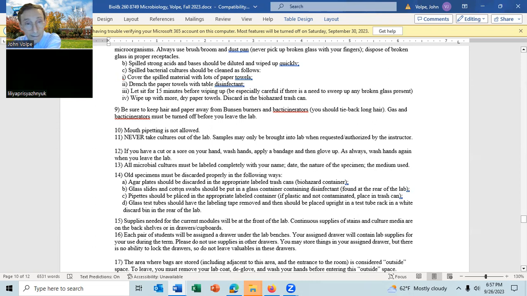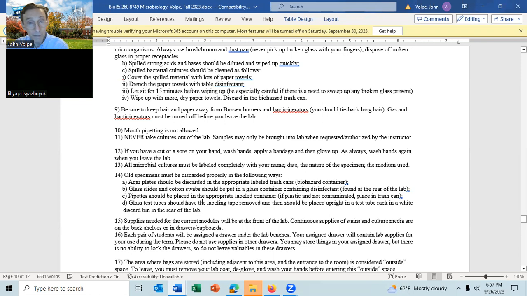Glass slides and cotton swabs should be put in a container for these items specifically, meaning we have a glass slide container that's filled with disinfectant, put your glass slide in that, and the swab, put it in the swab container, which also has disinfectant in it. And you can find those at the rear of the lab.